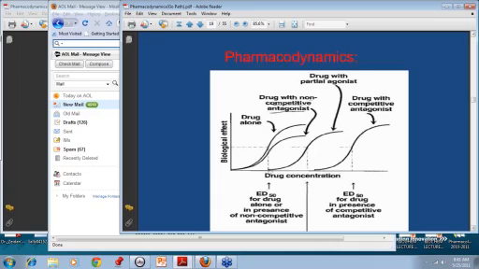Okay, if you have a non-competitive antagonist, what you expect to see, as we already stated, is a similar effect in terms of maximum efficacy but different ED50, and we fully agree on that, with a reversible antagonist.